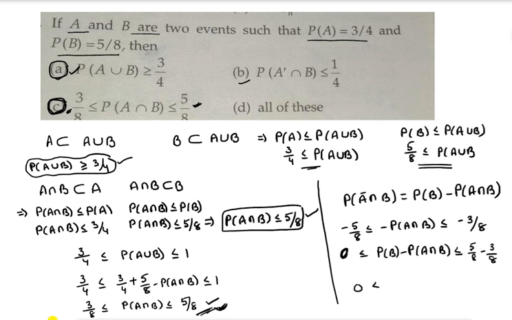So we are getting P(B) minus P(A intersection B) less than or equal to 1 by 4, which is nothing but P(A bar intersection B) less than or equal to 1 by 4, and greater than or equal to 0.